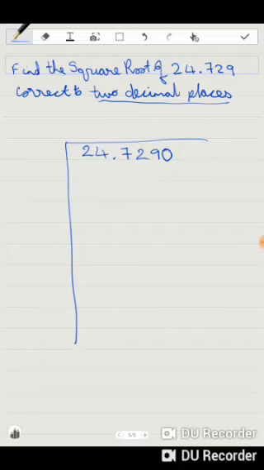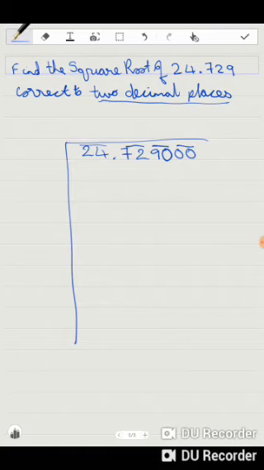Correct. So we need a total of 3 pairs of decimal numbers so that I get 3 decimal places. Hence I add a total of 3 zeros and now start making the pairs. So 00, 90, 72 and here we have 24, sorry. Clear?